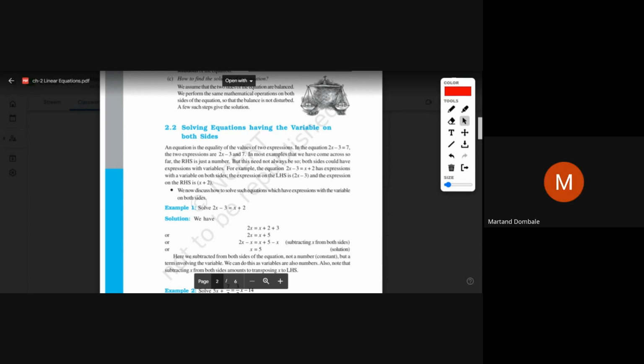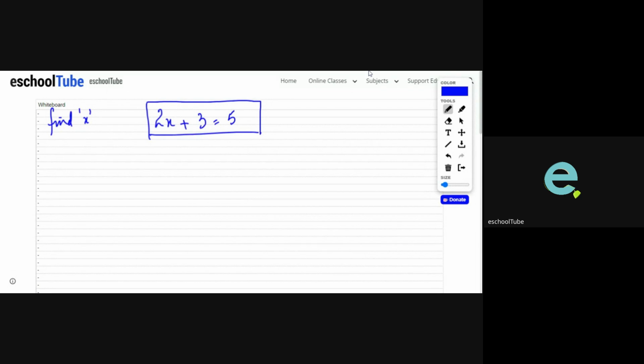Who will tell me the value of x in this equation? Tell me the value of x in this equation. Yes. Sir, 2.